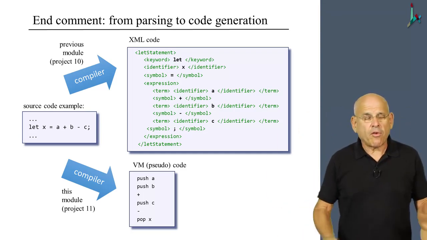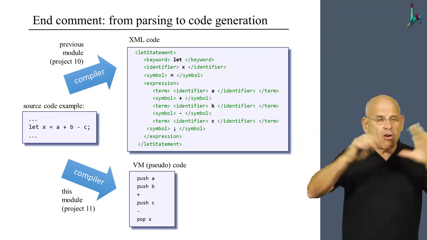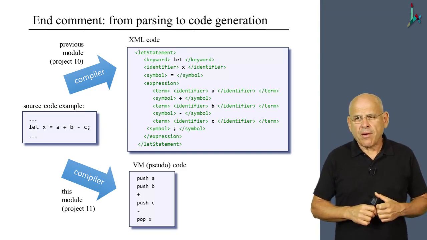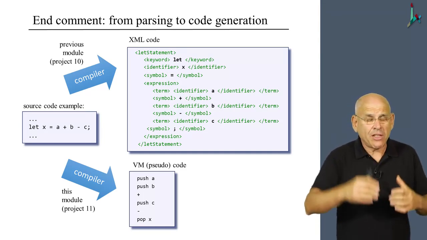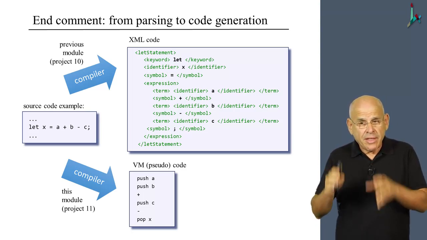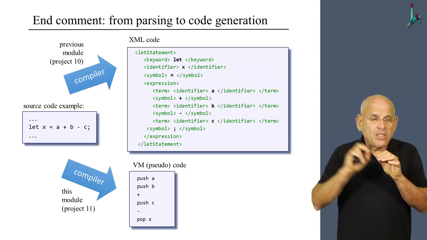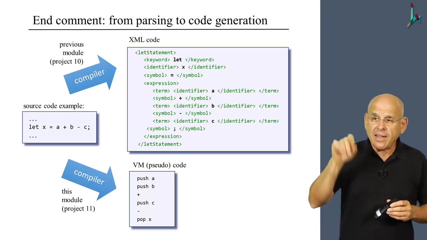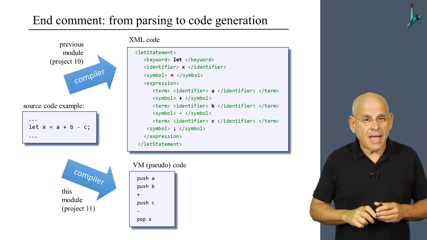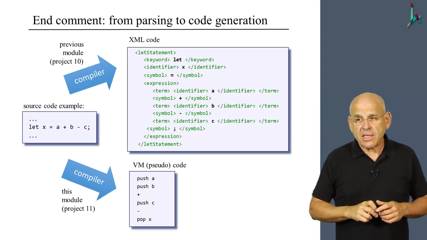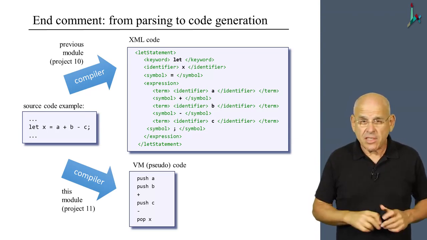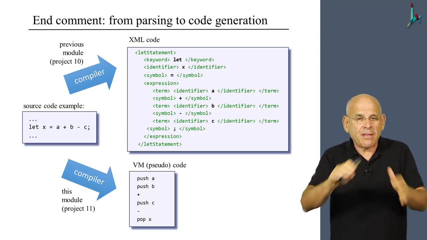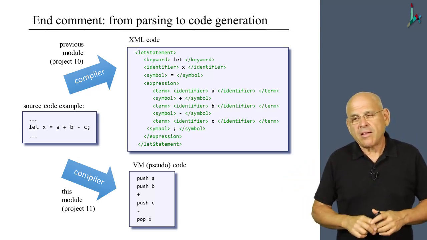I mean, the overall API and the overall structure of the compiler or the compilation engine is applicable also to this project, but the part that generates the XML code has to be replaced with code that generates this particular example here, the VM code that you see at the bottom, or something similar to this VM code, because different compilers generate different target codes.